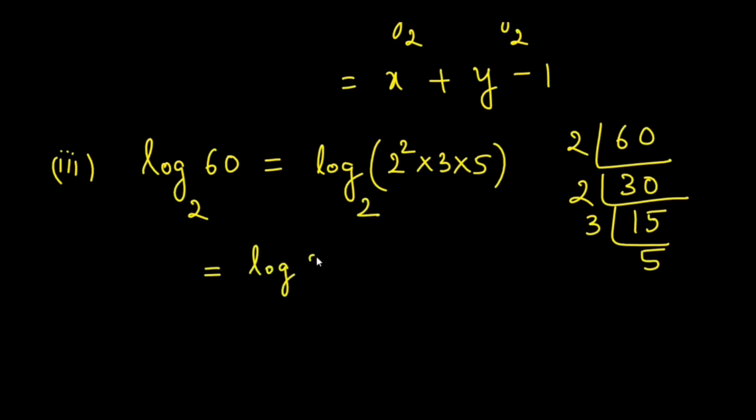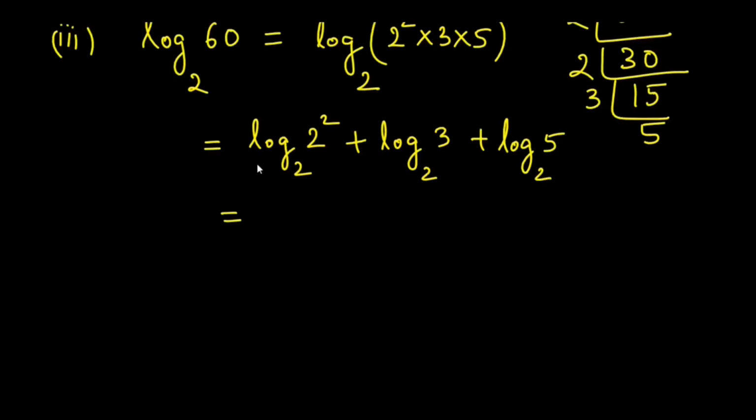log of 2 square to the base 2 plus log of 3 to the base 2 plus log of 5 to the base 2. Using power rule, we can write it as 2 log of 2 to the base 2.